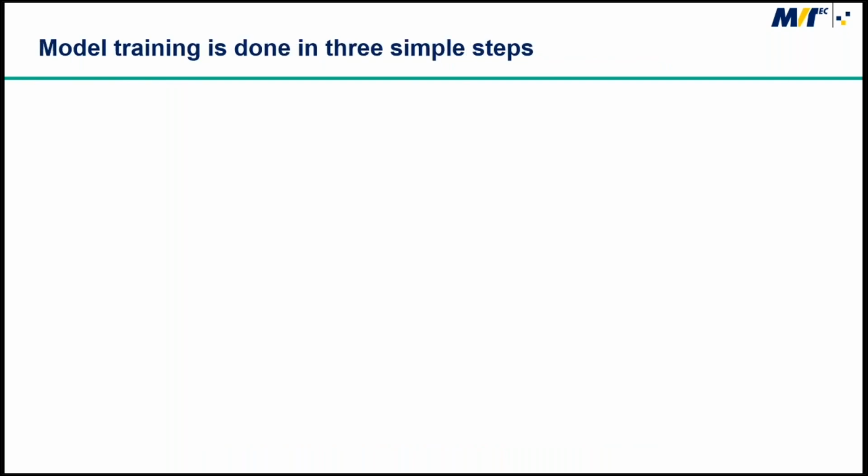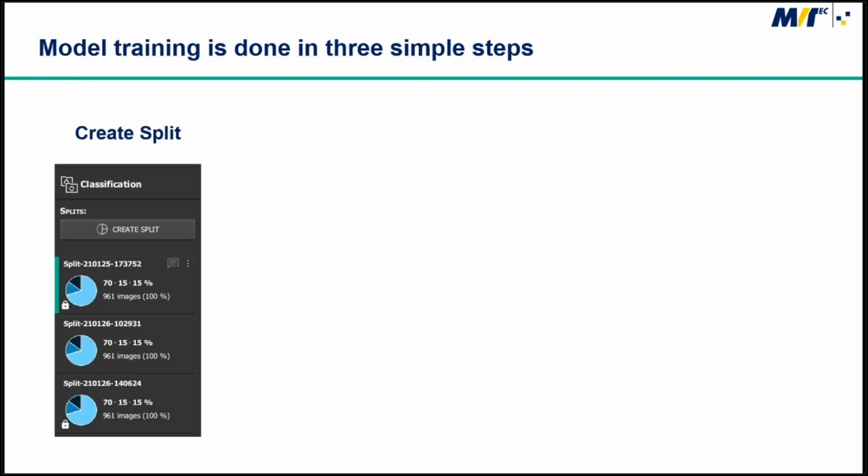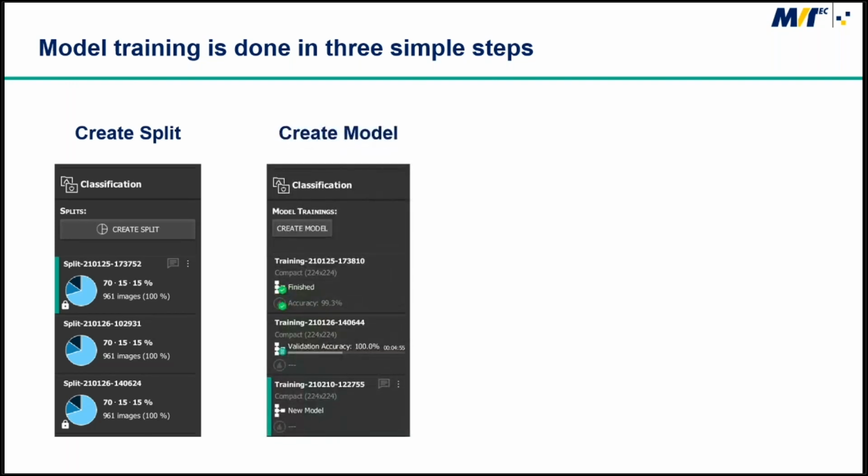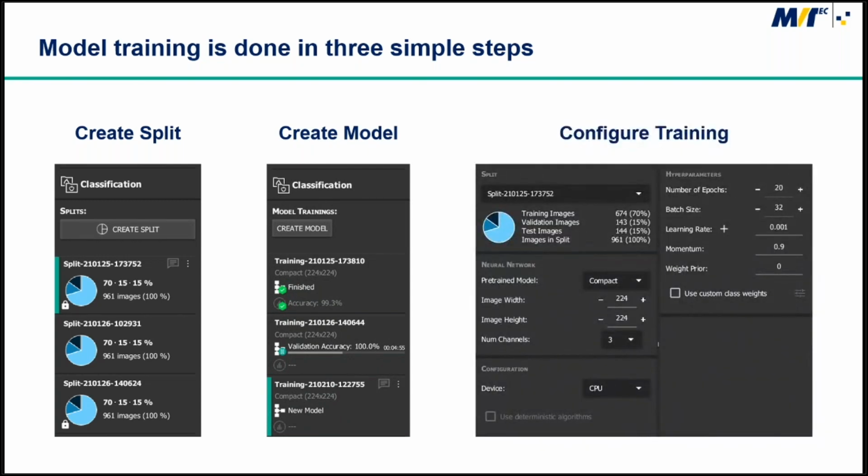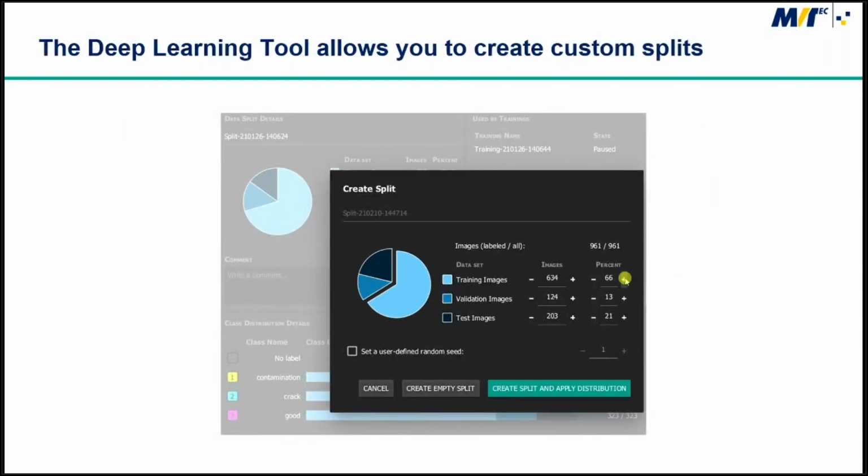Then the model training is done in 3 simple steps. Step 1 would be you create a split. Step 2 is you create a model or several models. And then you configure the training for each model. So how does the split work? What you do here is you assign your images to 3 data sets.